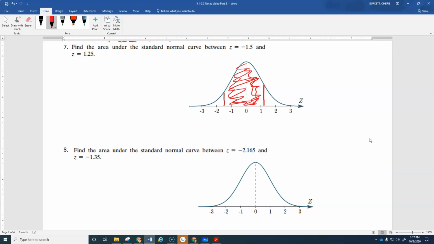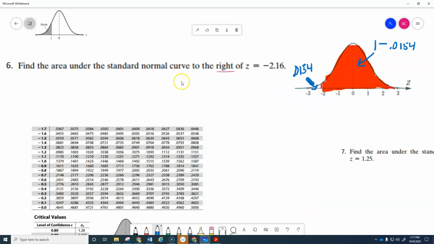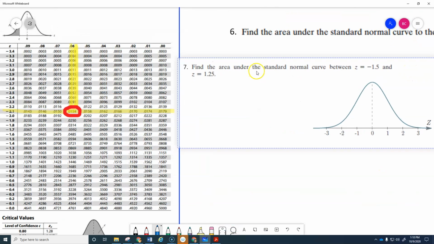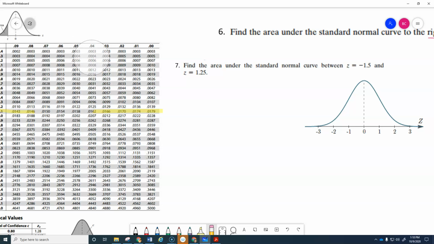Okay, so we can go look those two problems up on the table. What are we looking up? We're looking up negative 1.5.